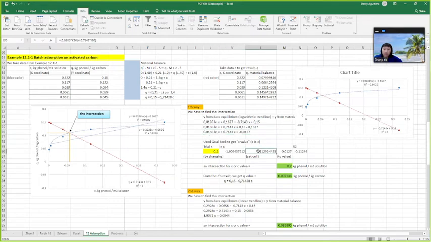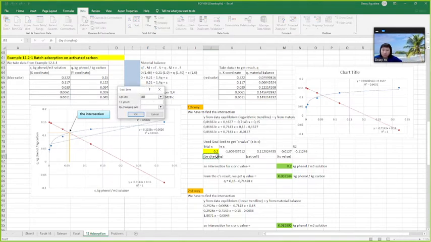In the end I have to get the value minus 0.0127. And then I use goal seek. The set cell is here, the value is minus 0.0127, and the changing cell is x.